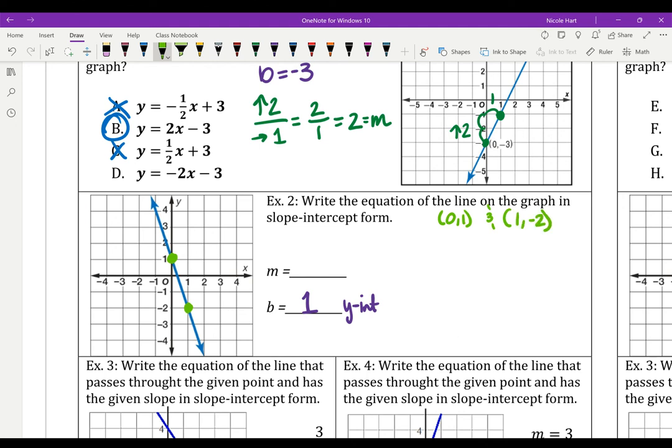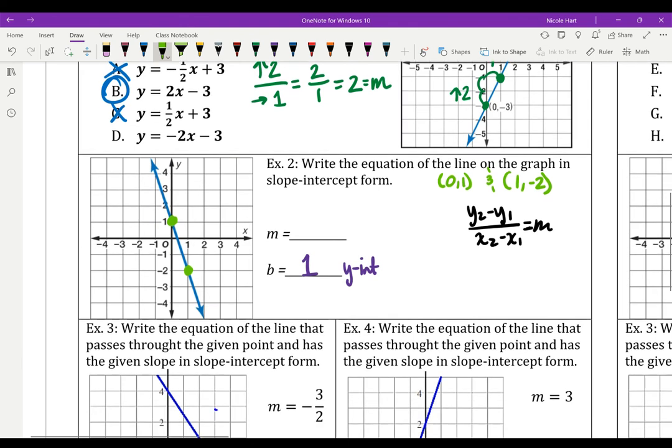So you can do rise over run or your slope formula. Remember that slope formula is y2 minus y1 over x2 minus x1. So that can help you find slope as well. So you don't have to do rise over run. You can use your points. I'm going to continue to do rise over run because we did several slope videos already, slope formula. So I'm going to practice with doing rise over run.